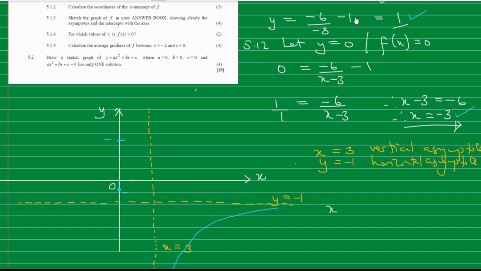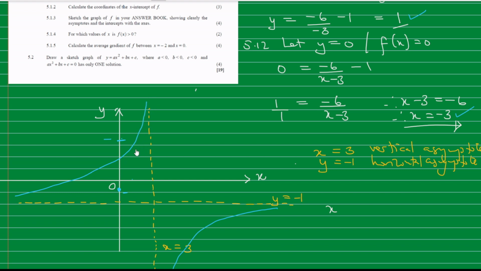The y-intercept is 1, so it is going to cross at 1, somewhere on the positive side of the y-axis, and the x-intercept is on the negative side, which means that our graph should cross like that and approach our asymptote.